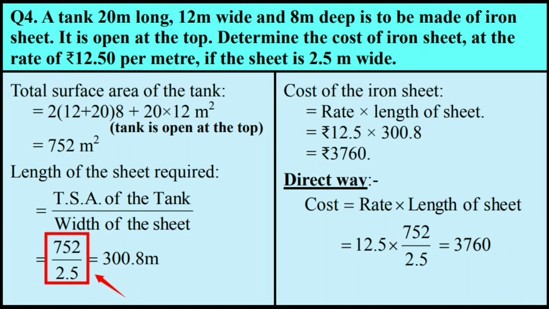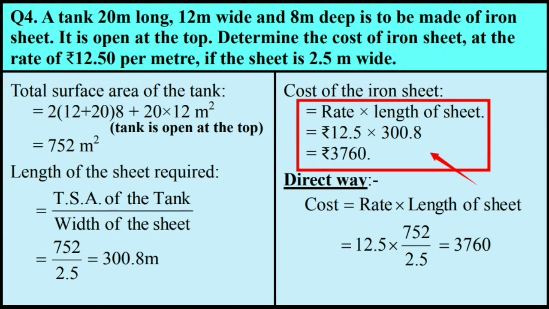The length of the sheet required is 752 divided by 2.5, and finally the length of the sheet required comes to 300.8 meter.